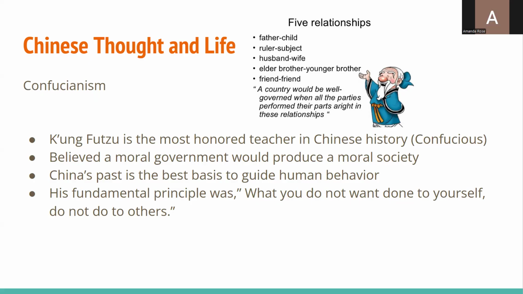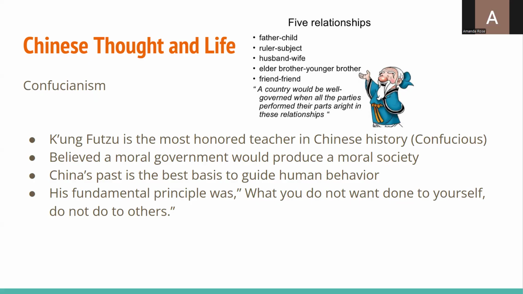Confucius believed that maintaining proper relationships in these five areas would bring harmony and order to society, and it also gave a hierarchical order. In addition, he placed great confidence in China's past, trusting it as the basis to guide human behavior. So they really value their past.